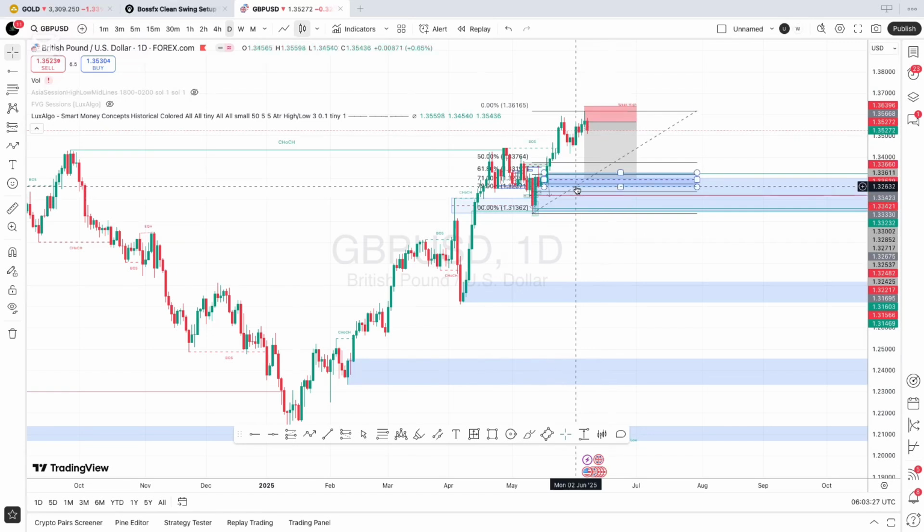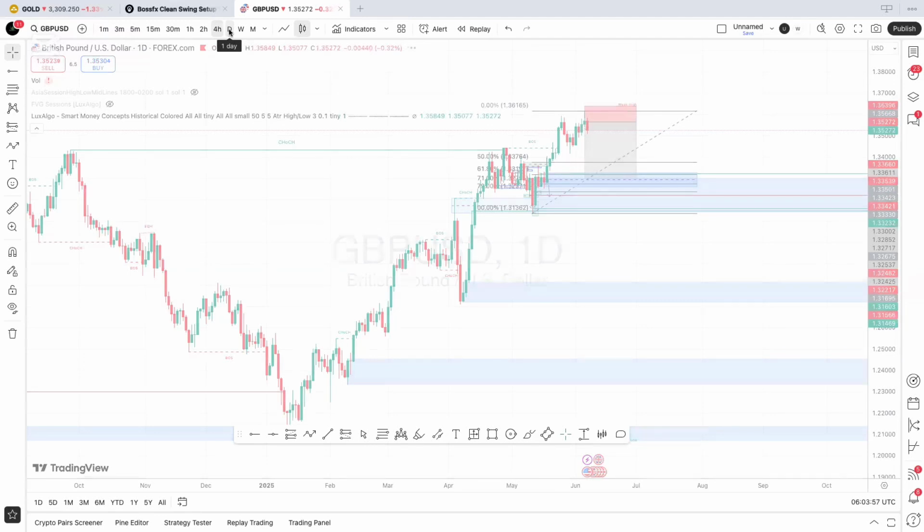There should be other confluences pushing the market to act the way it has potential to in future, which is why this zone is marked out as our order block, and at the same time it coincides with our 61 to 71 Fibonacci retracement. Now let's go to a lower time frame to see it, the 4 hours.